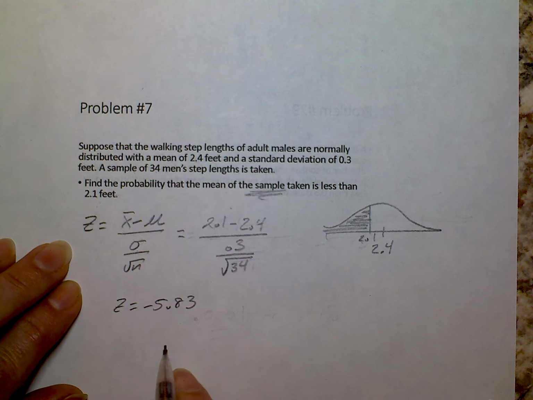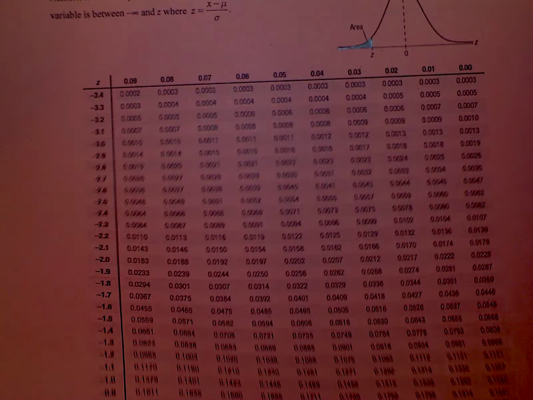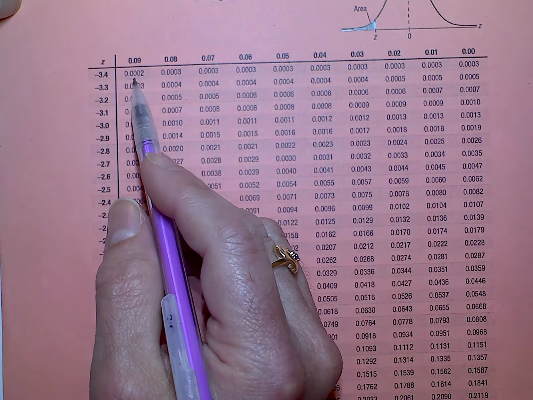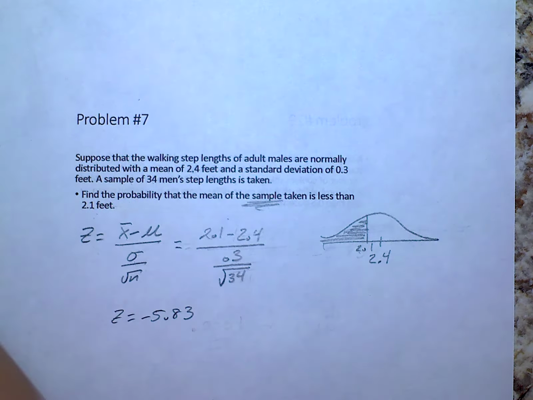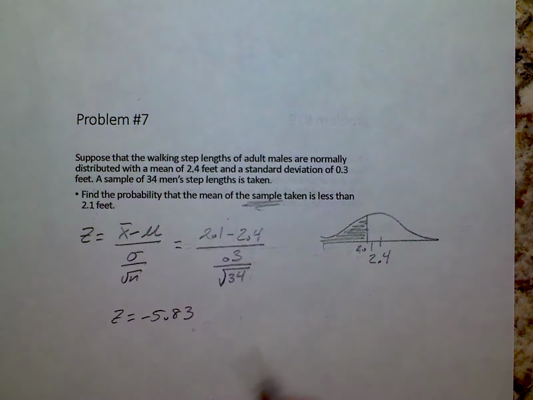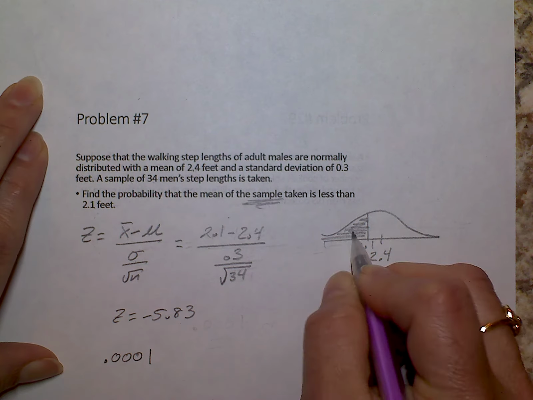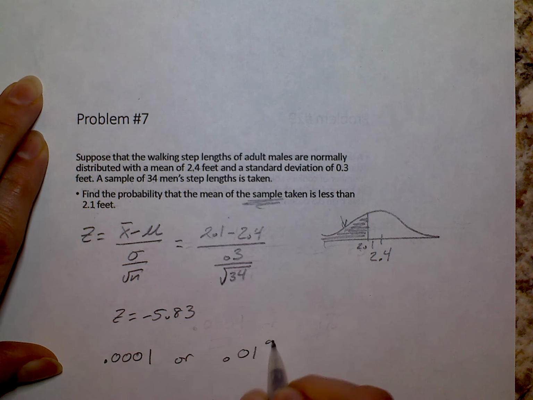For negative 5.83, let's go to the table. Look, it's off the grid. Do you remember what off the grid means? It means 0.0001 is the area here, which is about a 0.01% chance.